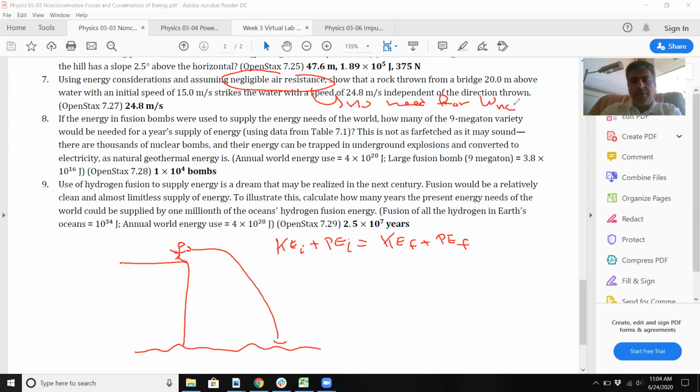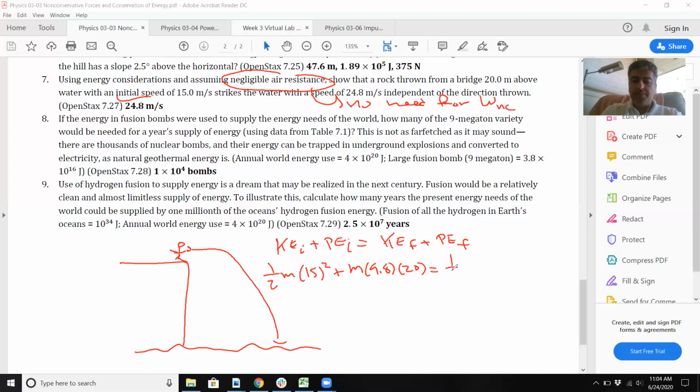Now, of course, you have some speed initially, right? So 1/2 mv squared, or 15 squared. And there's potential energy because you're high above the water, right? So m times 9.8 times the height. And then it's going to have velocity when it hits the water, obviously, because they're asking for it.